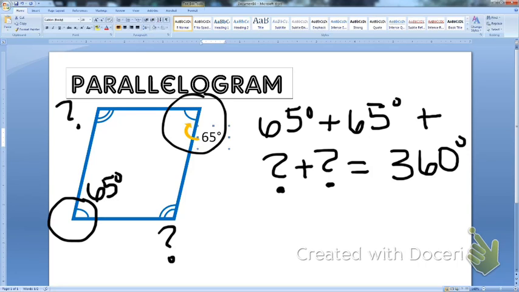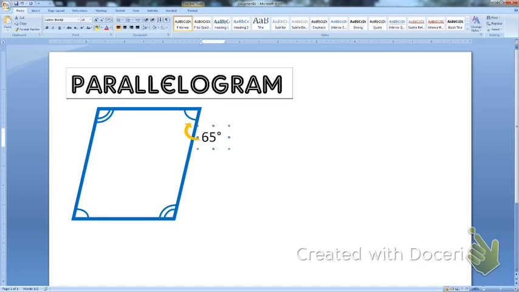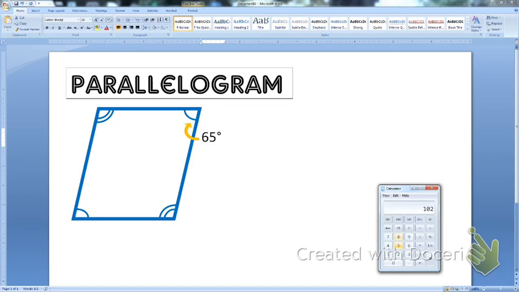So now, just like when we were looking at the triangle, let's work with what we have. We have 2 65s. What is 65 plus 65? Let's figure out at least how much that is. I'm going to go back to the calculator and we're going to figure that out. Okay, 65 plus 65 gives me 130.